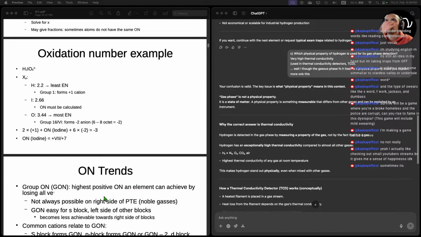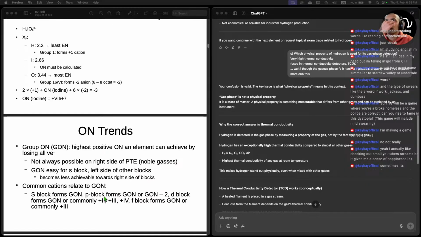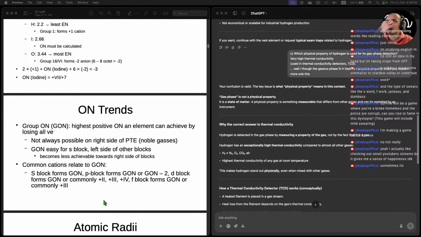Oxidation number examples. Okay, okay. ON trend, oxidation number. KK official, have you looked into Spellbee? Spelling bee type stuff.